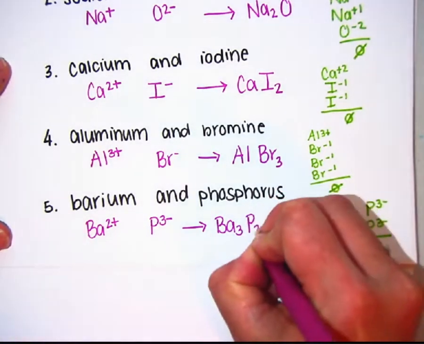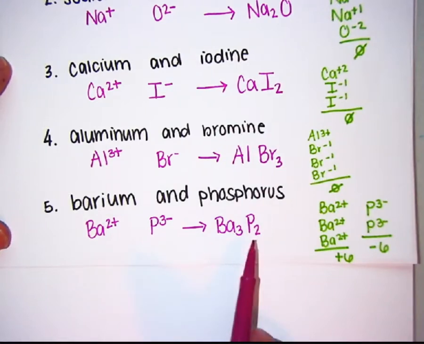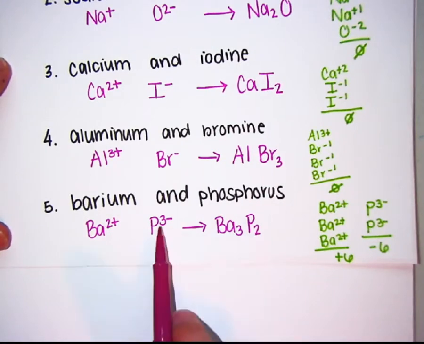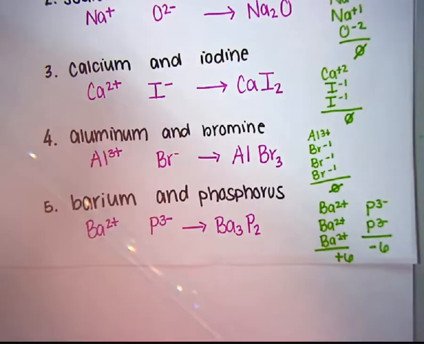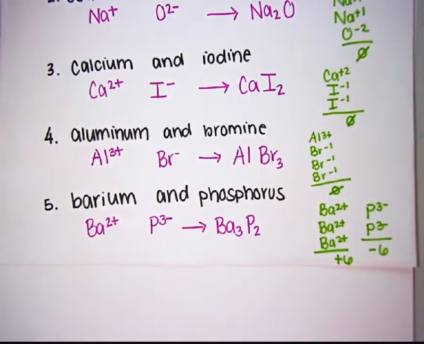If I have 2 phosphorus ions or phosphide ions, each with a charge of -3, gives me -6. So this compound is now neutral. Next, let's go to naming.